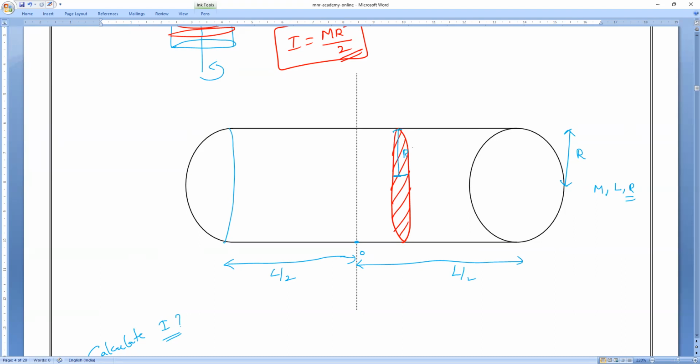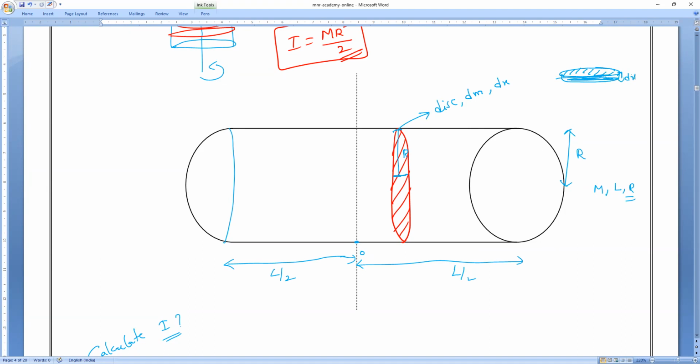If I take a small mass, am I right or wrong? The small mass has the same radius R. Actually, if I cut it, it will turn into a disc whose mass is dm, and whose thickness is how much, guys? Whose thickness is considered as what?